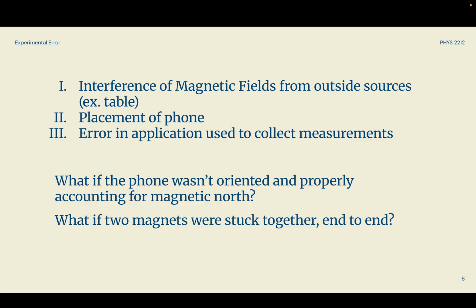So for experimental error, and then we're going to talk about what happened. So in this experiment, we found a chip in an iPhone, which allowed us to align the magnetometer with the magnetic field of the Earth, so it would read 0. We align this with Earth's kind of north axis.